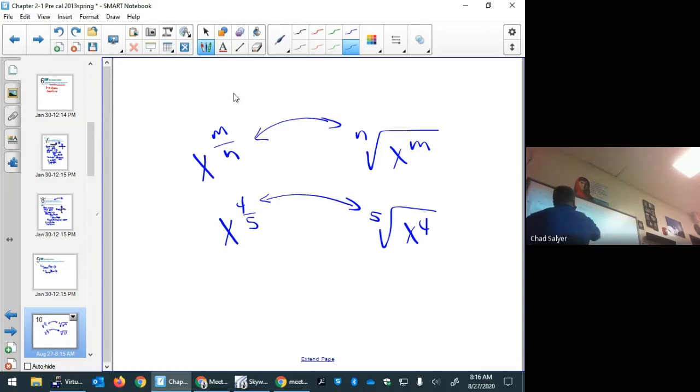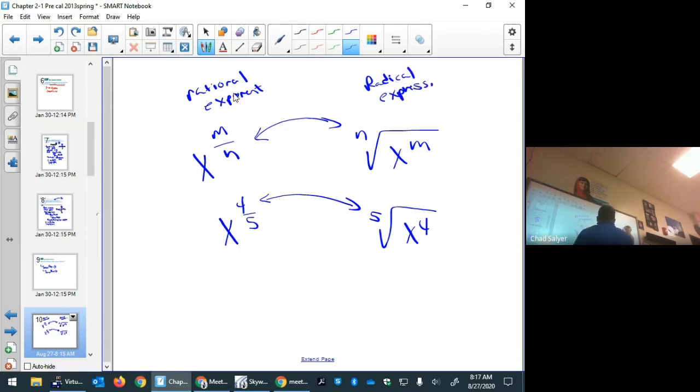So this is a rational expression, or rational exponent rather. And this is a radical expression. So those are interchangeable ways to describe these relationships.